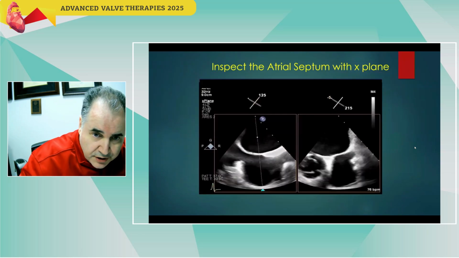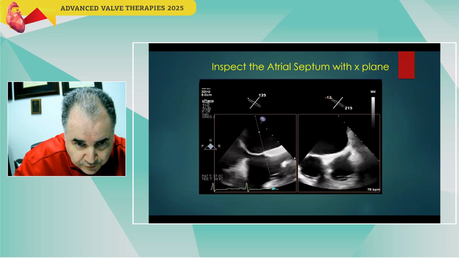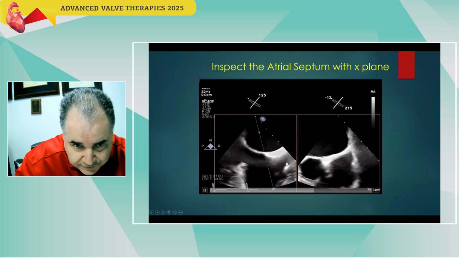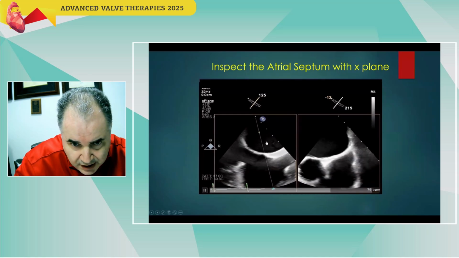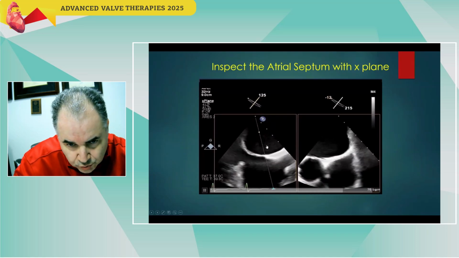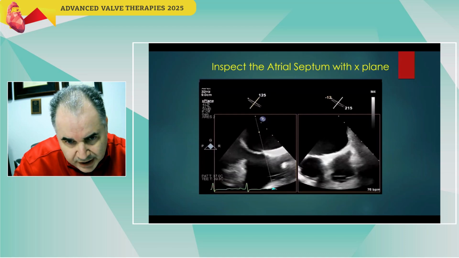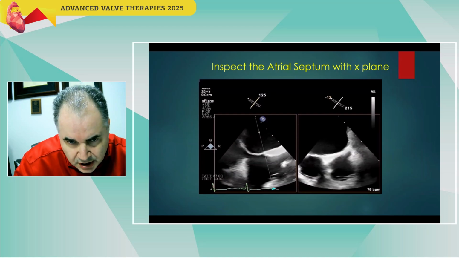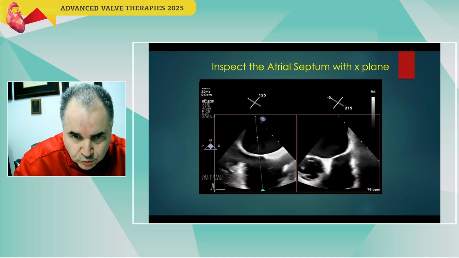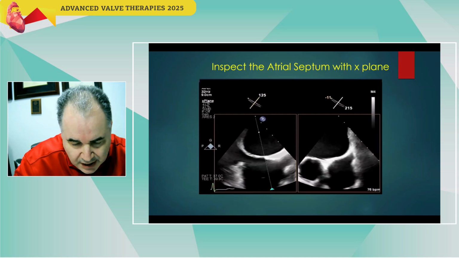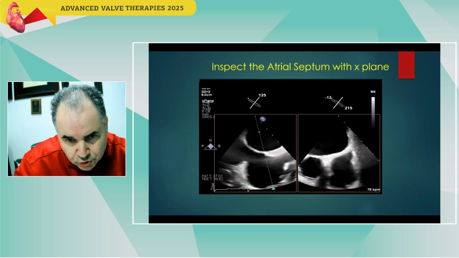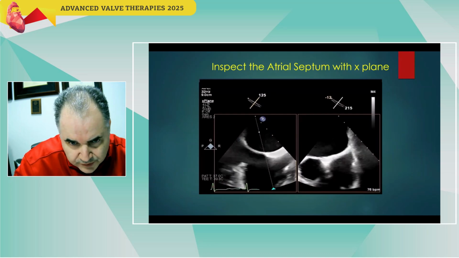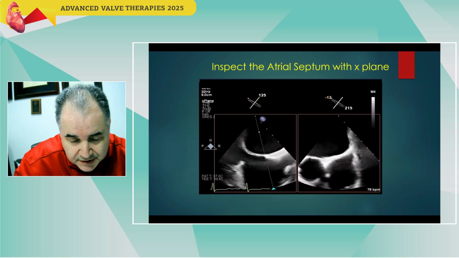As you can see here, I'm moving. This is the superior vena cava, for the fellows, and the inferior vena cava. This is the bicaval view. Basically, to treat the mitral valve, you need two views by echo. The bicaval view, which is this view, in order to do the transseptal puncture, and the other image that I will show you, the bicommissural view, in order to perform the transcatheter procedure.